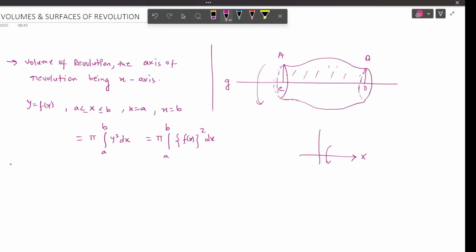Now let us see volume of revolution, the axis of revolution being y-axis.